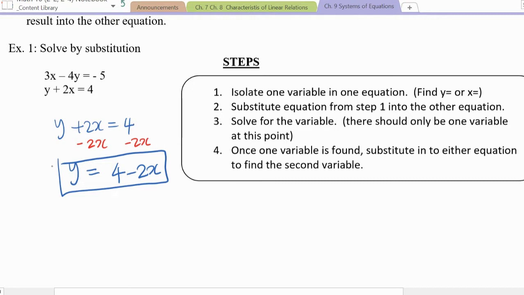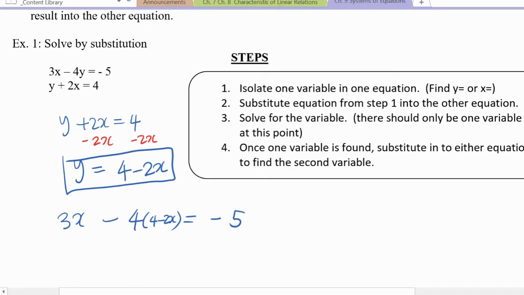After that, look at the other equation. Here, I have 3x minus 4y equals negative 5. We know y is equal to 4 minus 2x. So instead of using y, I'm going to use bracket 4 minus 2x. Again, everyone, we know y is 4 minus 2x, right?